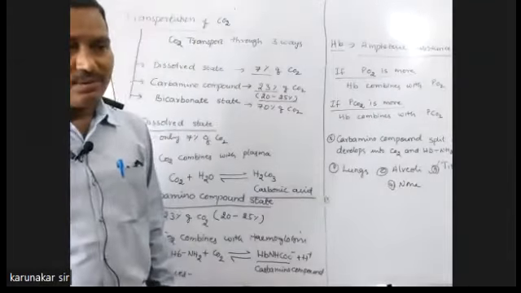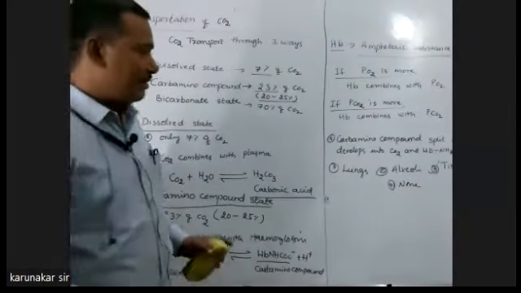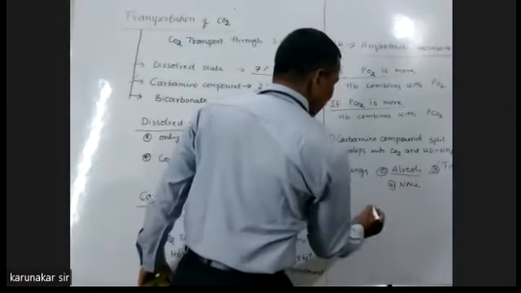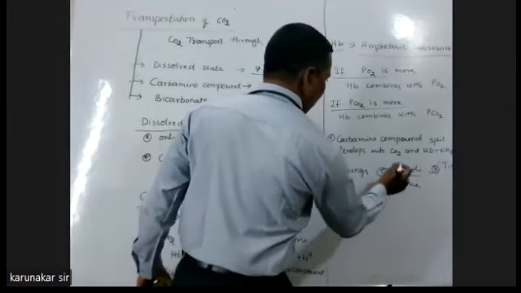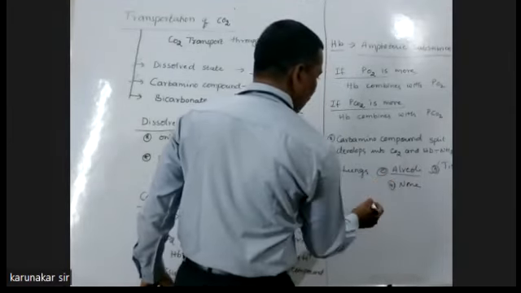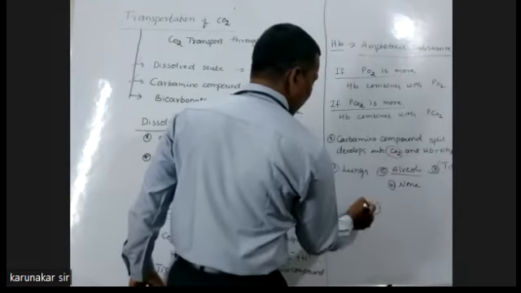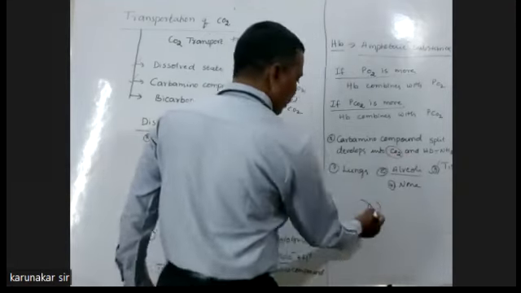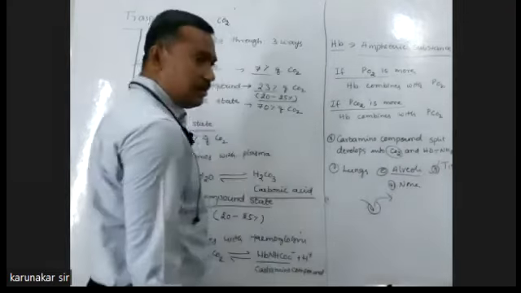Alveoli. Very good, excellent. Why? Because near the alveoli the carbamino compound splits and the CO2 enters the alveoli. From the alveoli, it comes outside through exhalation or expiration.